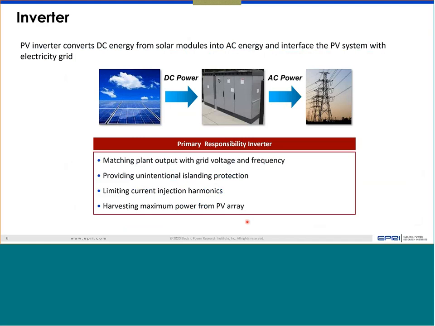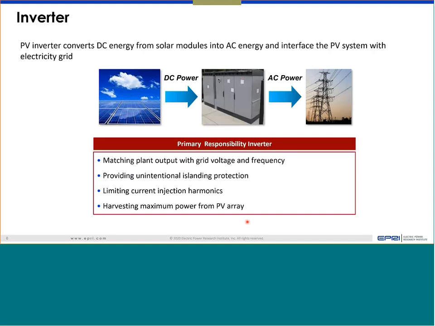So, a quick summary. We discussed these topics in the last session on Tuesday. If you take the example of a PV inverter, it converts the DC power generated by the panels into AC power, and that goes to the grid. So basically, the inverter is the interface between the DC generation and the grid side AC power. That's why most of the critical functionalities, like matching the voltage and frequency, are the responsibility of the inverter.